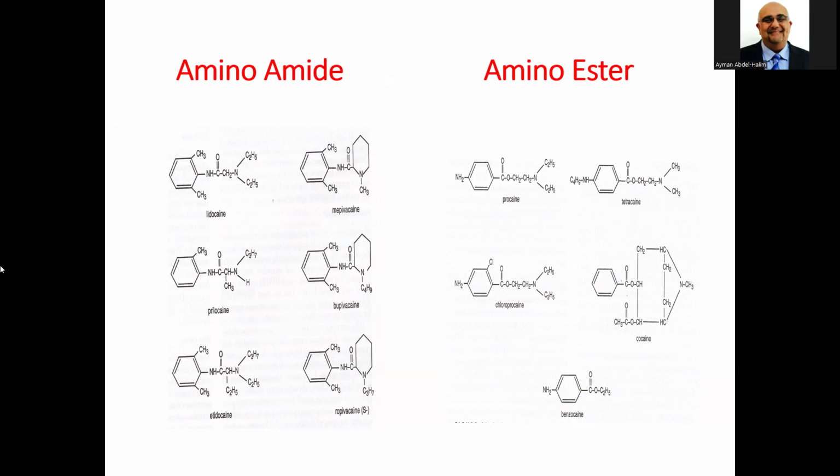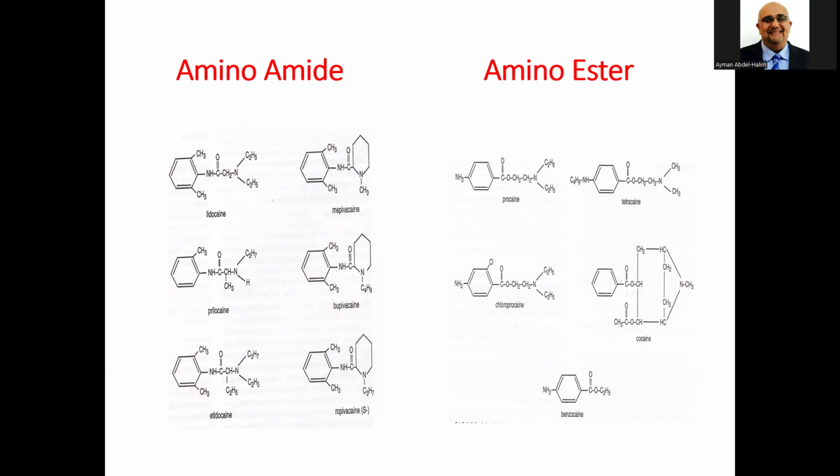So to begin the journey here, we have to differentiate between two types of local anesthetics, the amino amides and the amino esters. In the amides, you will see two I's written in each of these, like lidocaine, mepivacaine, and bupivacaine. And the esters have one I, procaine, tetracaine, and so forth.